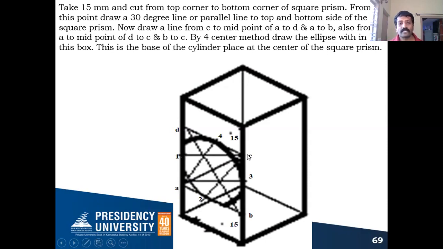Same point C, you draw a line exactly to the midpoint of AB. So you will get point 2. After this, you will be getting the 4 points, and you need to draw the ellipse within this square.